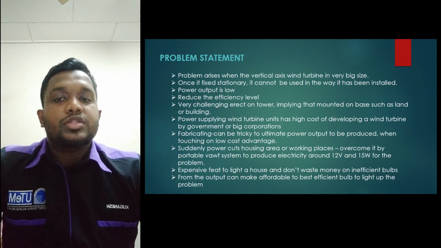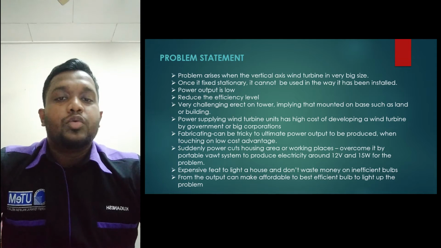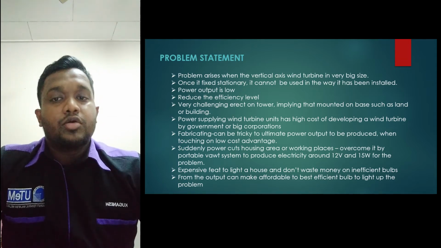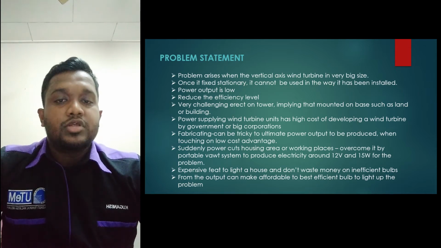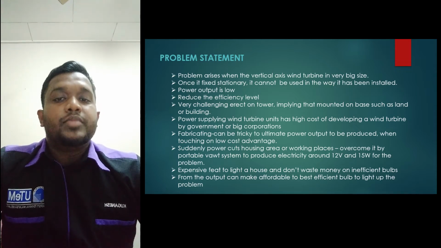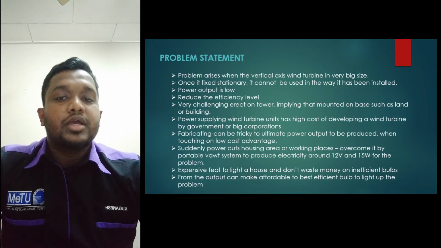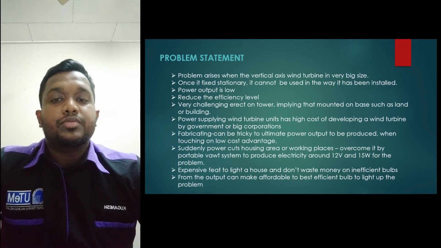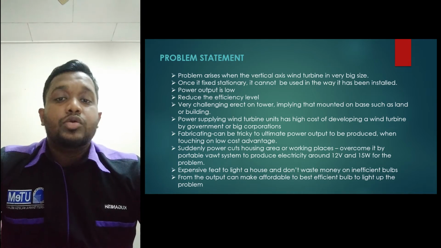A vertical axis wind turbine is also very challenging to erect on a tower or to mount on a base such as land or a building. Wind turbine units have a high development cost for governments and big corporations. Fabricating can be tricky to get the ultimate power output when touching on the low cost advantage.